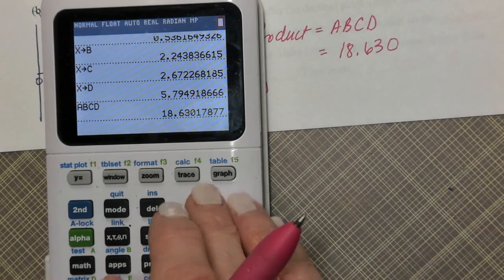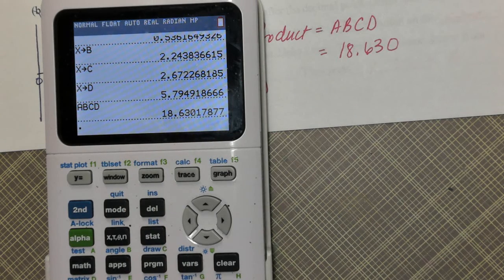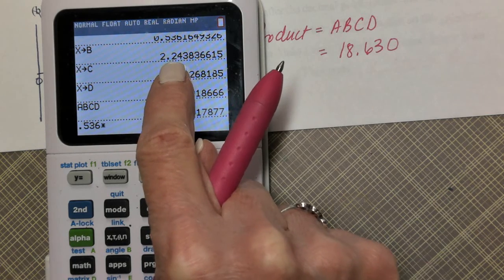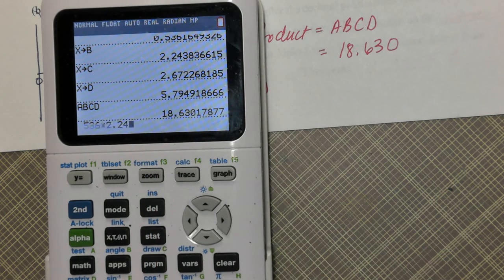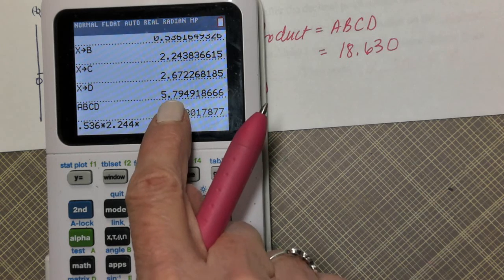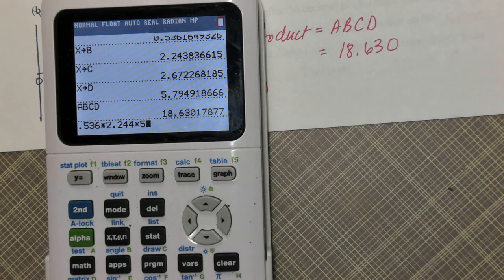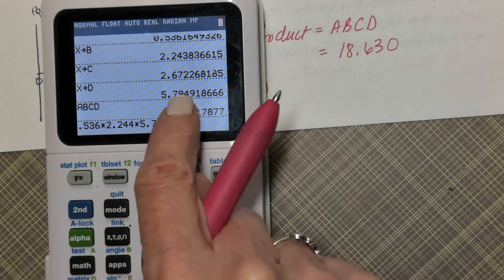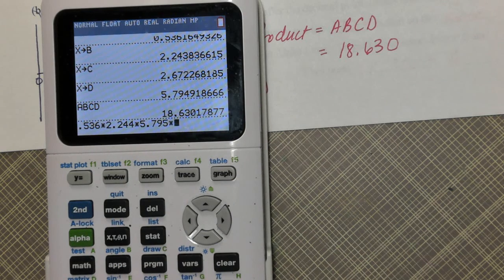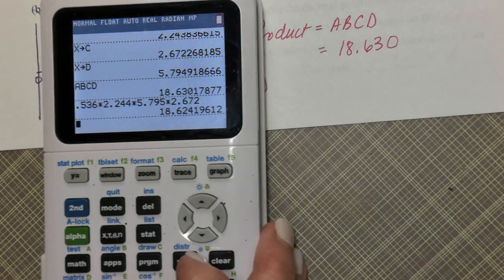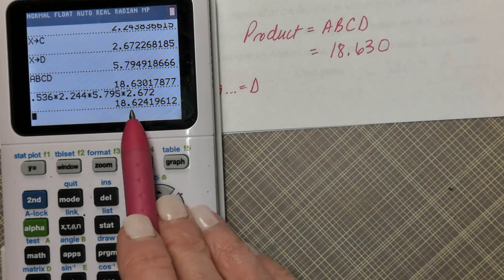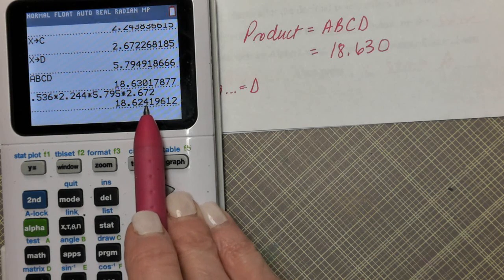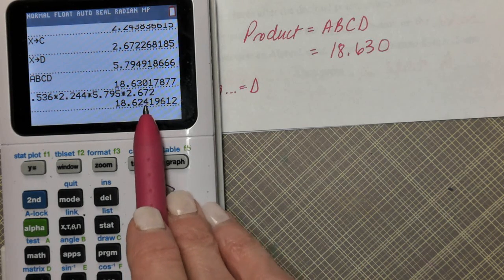So we would have had 0.536 times 2.244 times 5.795 times, oops, I missed one, times 2.672. That would have gotten us 18.624 if we rounded to 3 decimal places, which is not correct.